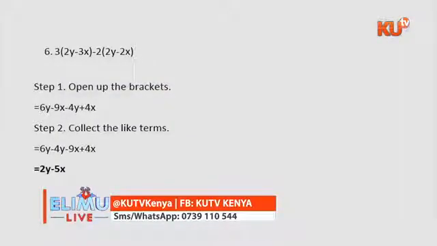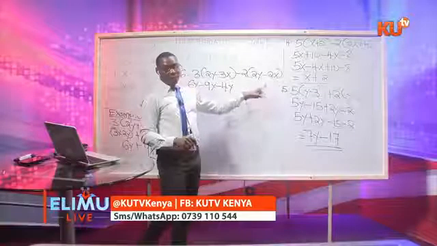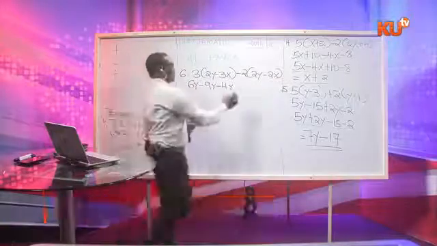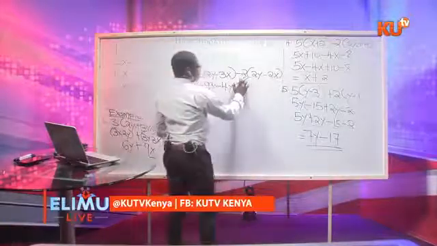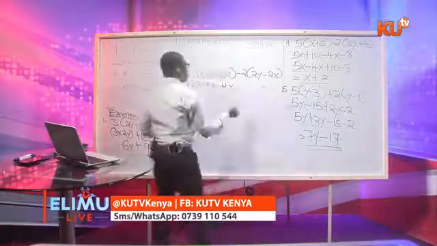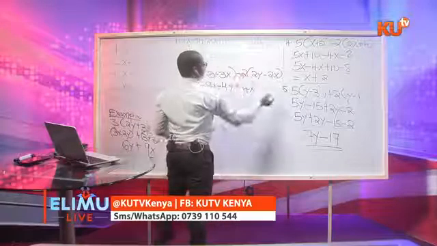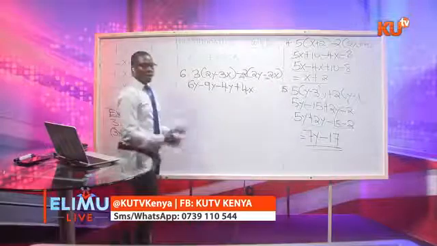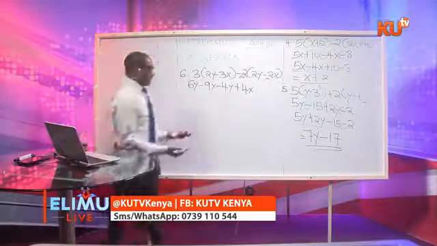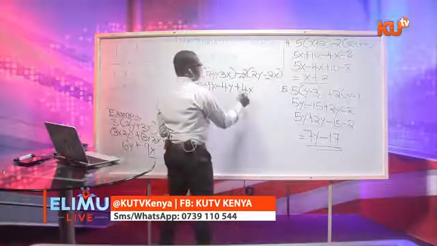Here what you are going to do, a negative sign times a negative sign is a positive sign. So you can have it on the board. A negative times a negative is a positive. Therefore, when we multiply minus 2 by minus 2x, we are going to have plus 4x. Because this is a negative sign and this is a negative sign, and we said a negative sign times a negative sign gives us a positive sign.